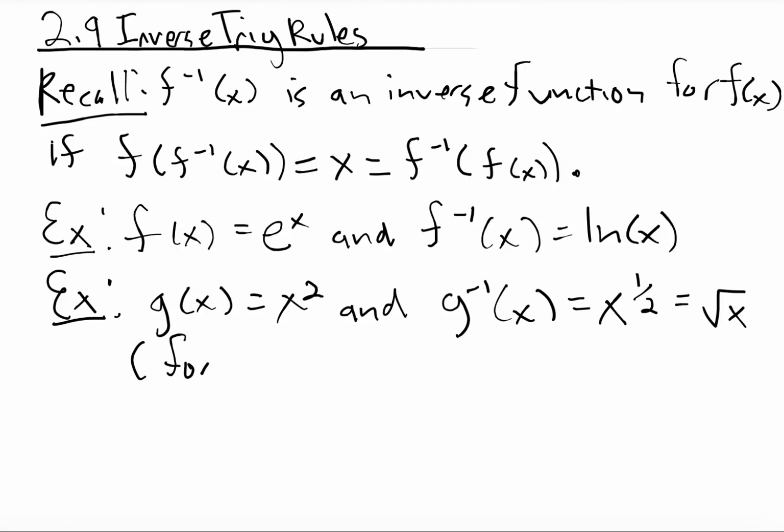So we'll specify this is for positive values of x only. The reason is that if you start with a negative x value and square it, you get a positive, and when you plug it back in here you just get another positive number back. So if you start with a negative, it doesn't cancel to exactly what you started with when you compose these things. But for positive x, everything comes out positive, so we're fine.